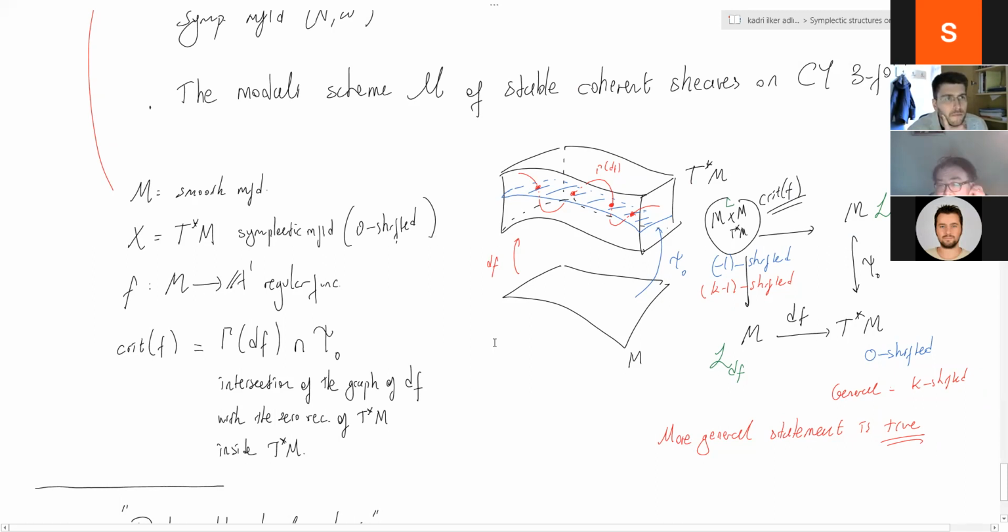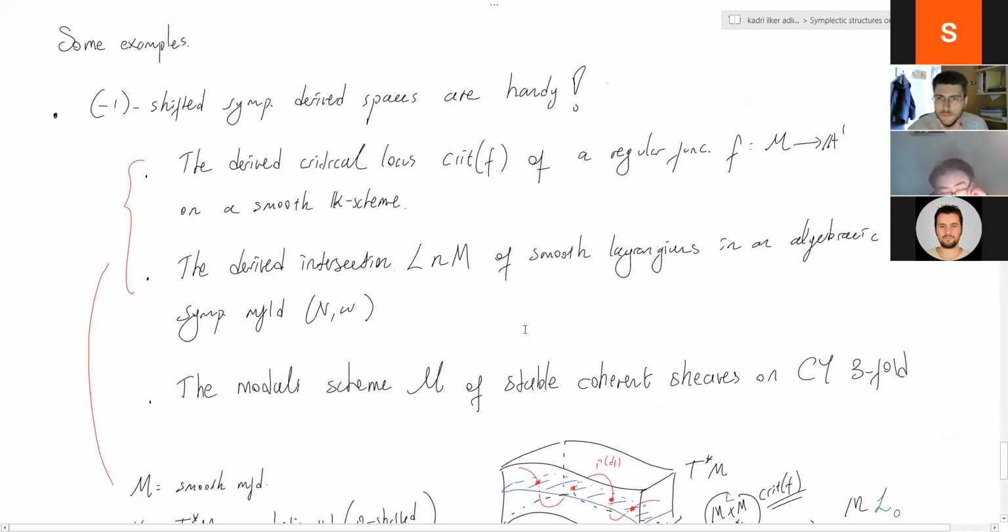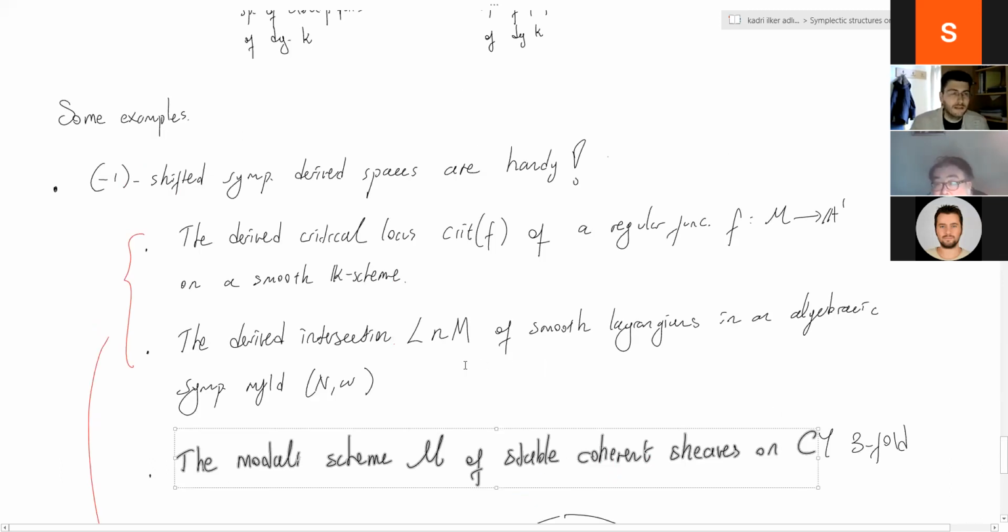I guess there are some similar statements for other examples. For instance, some moduli spaces of something else turn out to be K-1 shifted symplectic, some singular spaces turn out to be shifted symplectic derived spaces. There are some examples and studies on that. One of the main motivations is to understand quantization.